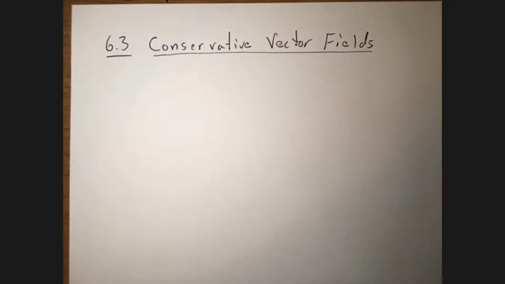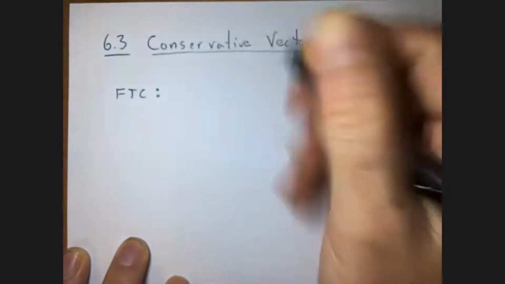We have the fundamental theorem of calculus. That's in Calc 1. Well, now we have a fundamental theorem for this kind of integral. So let's review the fundamental theorem of calculus.